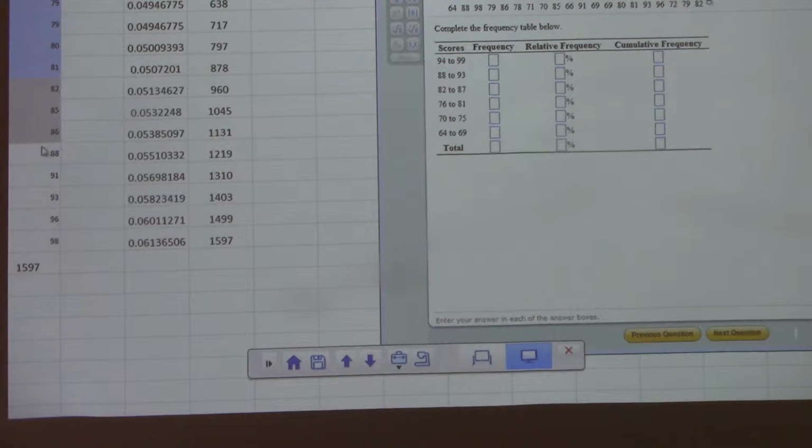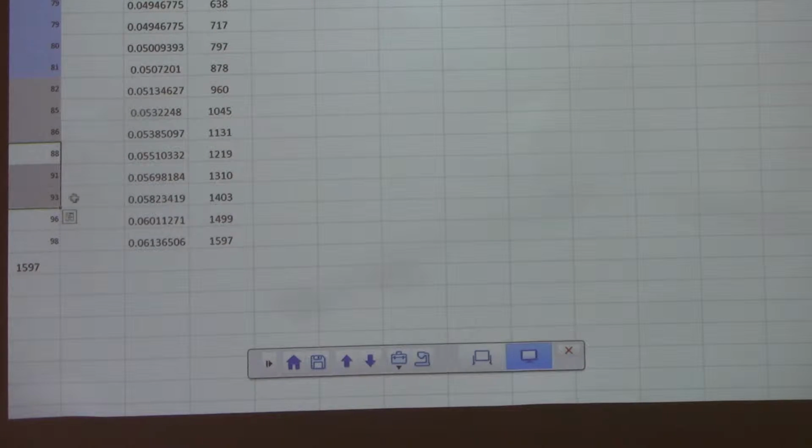No, 88 to 93. And then these two, whatever.